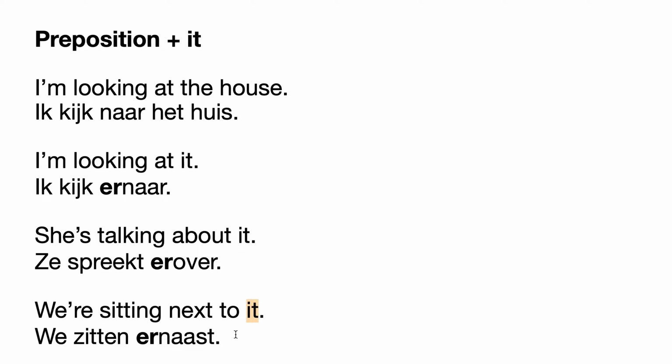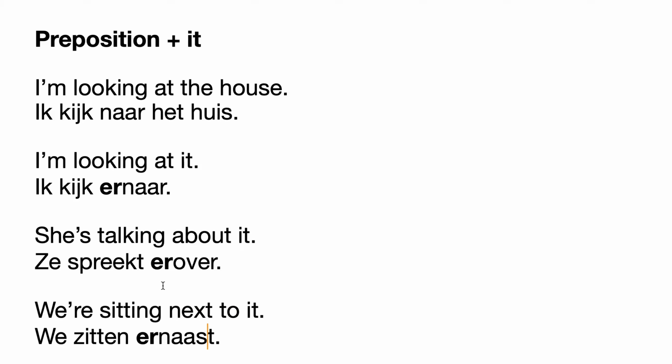Good. So, a little side note, some verbs, like spreken or kijken, usually take the same preposition, naar, and then typically it would become ik kijk ernaar. Zitten, you can sit in or you can sit with or something. So the preposition will sometimes be different. If you're saying we're sitting in it, then it will become we zitten erin.